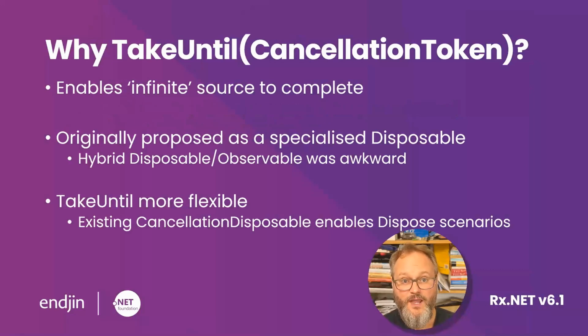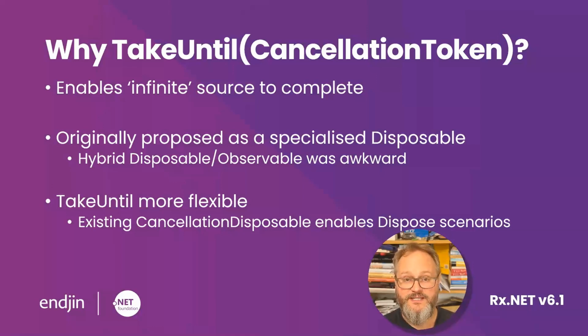So what exactly is this? What's the purpose behind this new operator? Because we've had TakeUntil in various forms for a long time in Rx. Basically, it says take all the elements from this source until some criterion is met. And the new feature is that we are able to stop taking elements and complete the source when a cancellation token gets signaled.